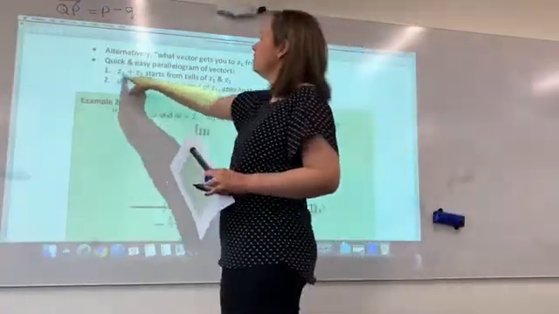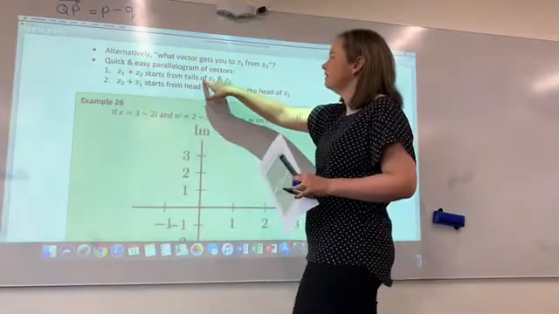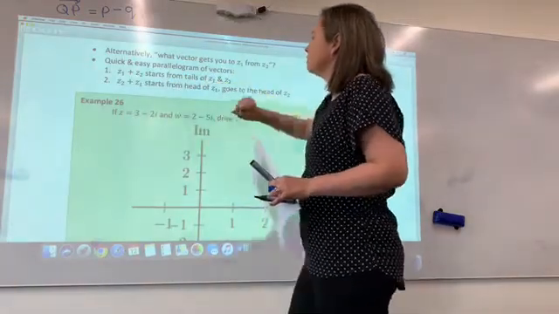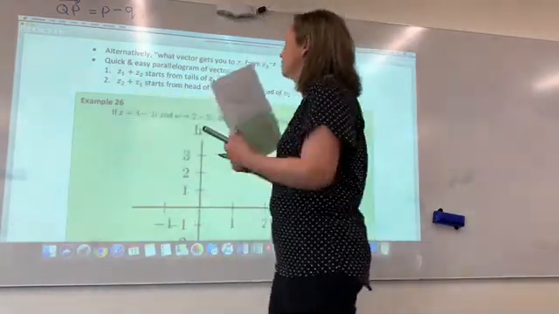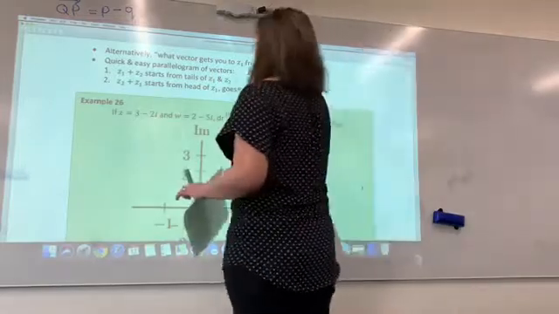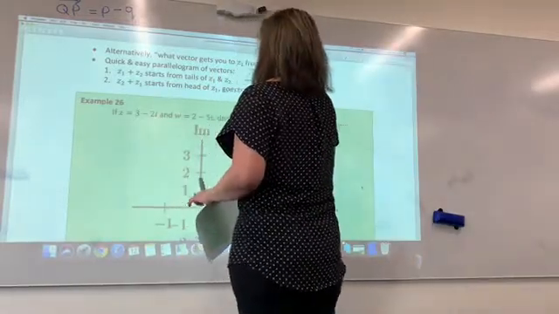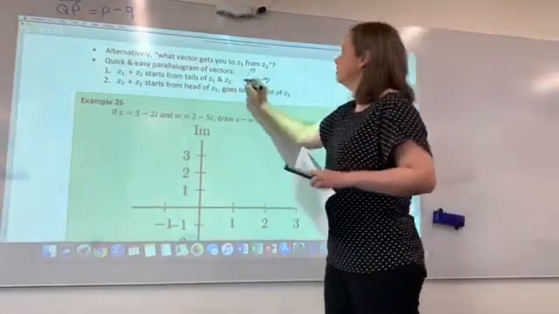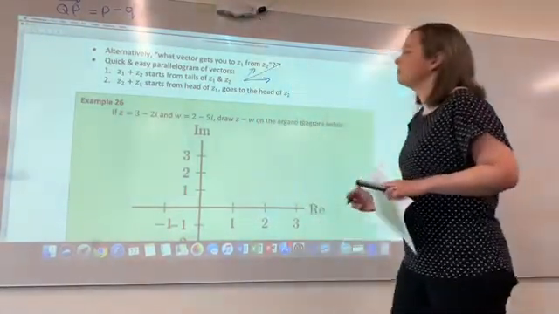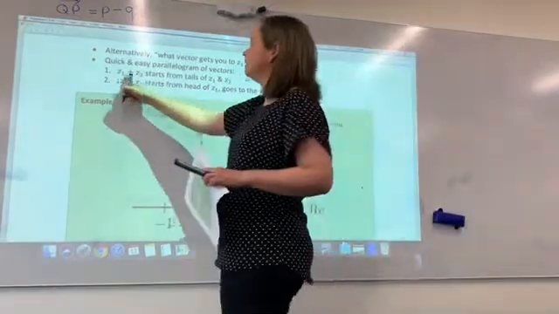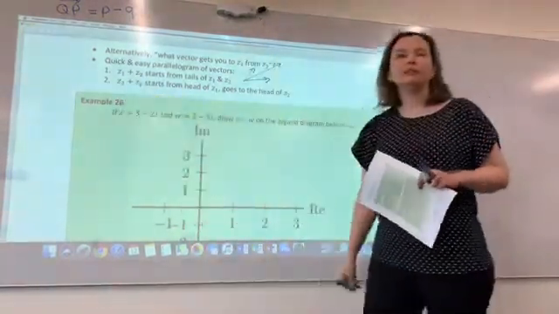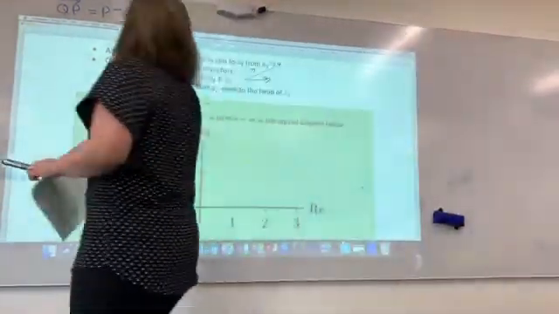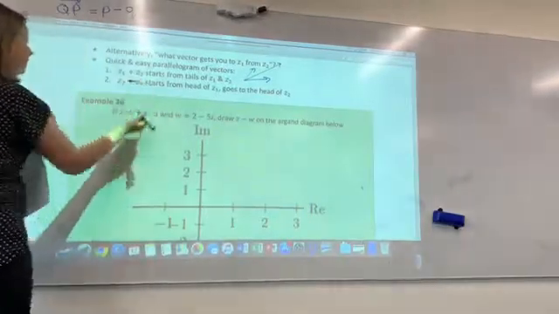Up here, Z1 plus Z2 starts from the tails of Z1 and Z2. So if we've got Z1, Z2, and we're adding them together, then we get that. And about the typo in here, what should that be, do you think? A minus. This should be a minus in here. You can just fix that up.